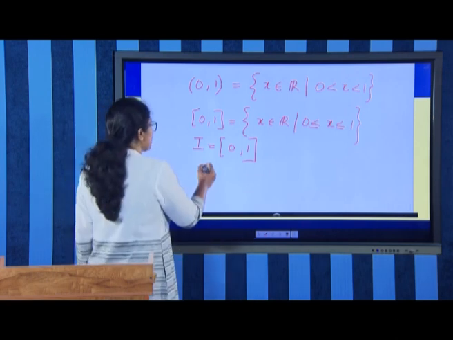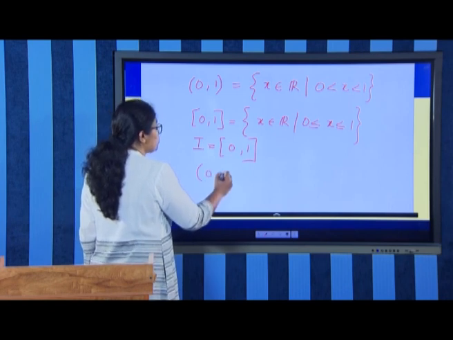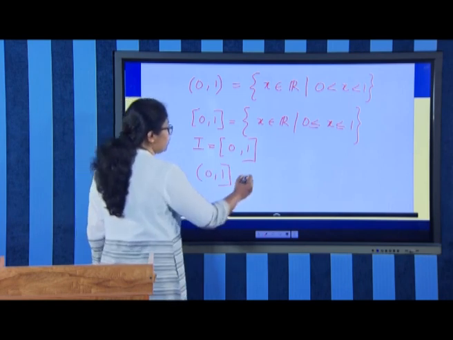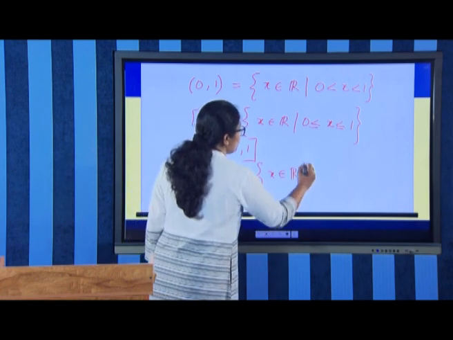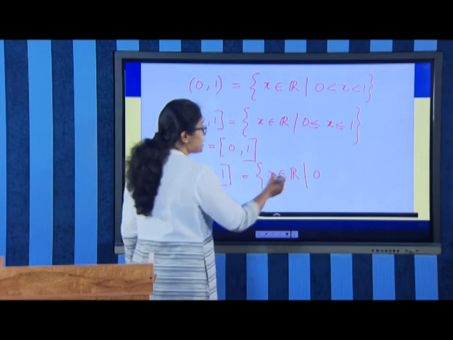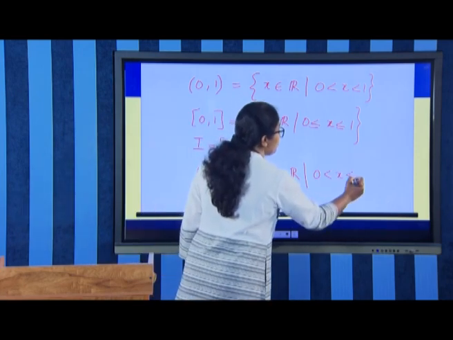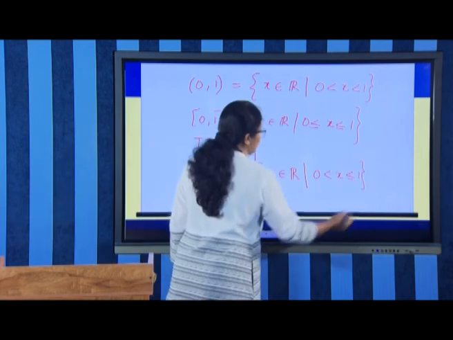Now, semi-closed intervals can be viewed as excluding 0 and including 1, which can be defined as the set of all real numbers x which are strictly greater than 0, but less than or equal to 1.